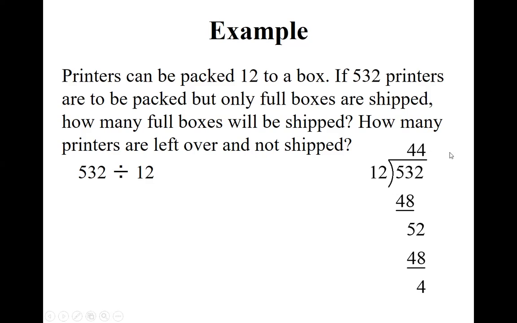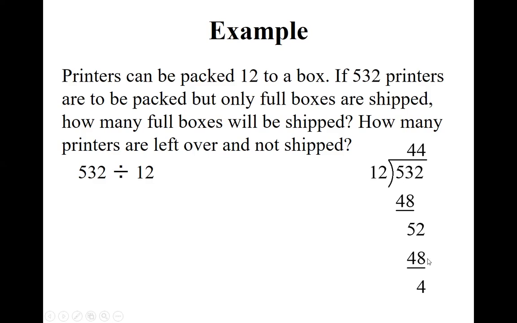532 divided by 12. 12 doesn't go into 5. 12 does go into 53. It goes in 4 times. 4 times 12 is 48. Subtract. 53 minus 48 is 5. Bring down the 2. 12 goes into 52 4 times. 4 times 12 is 48.